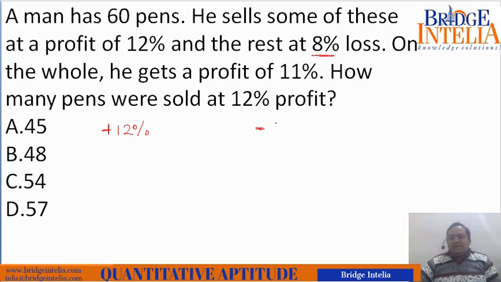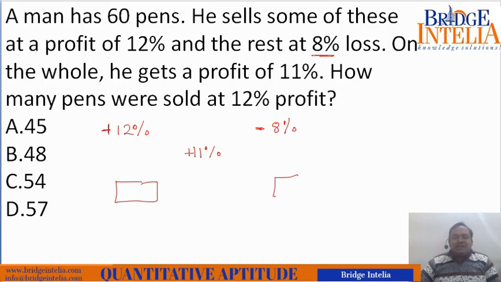So please remember adding a minus sign to it. So as a result, he noticed that on the whole, he gets a profit of 11%. So plus 11 is the resultant. Question is, how many pence were sold at 12% profit?